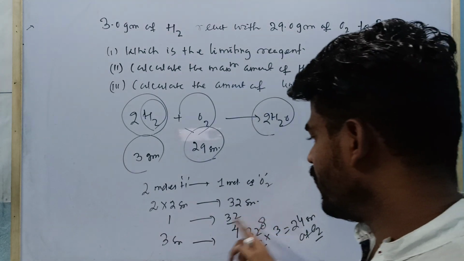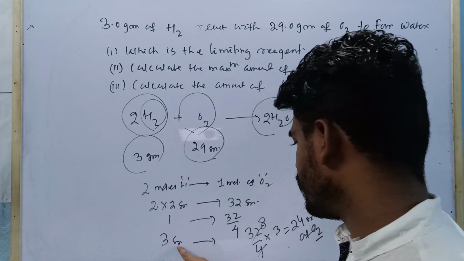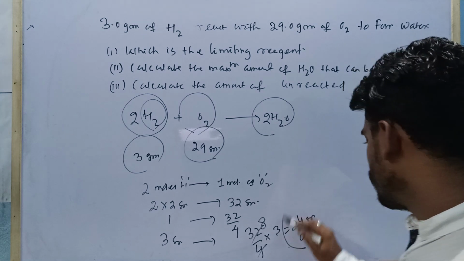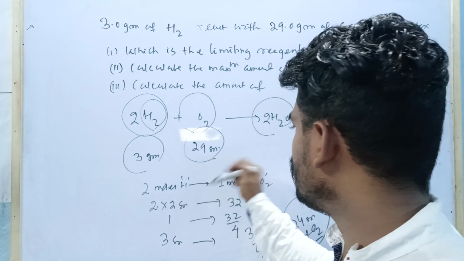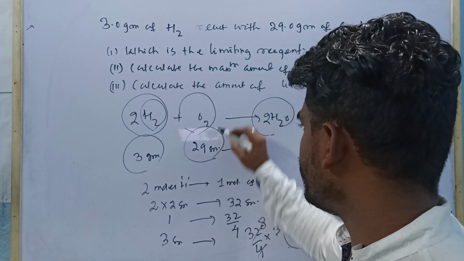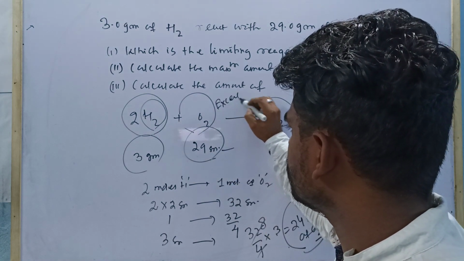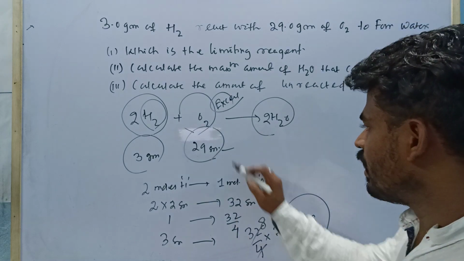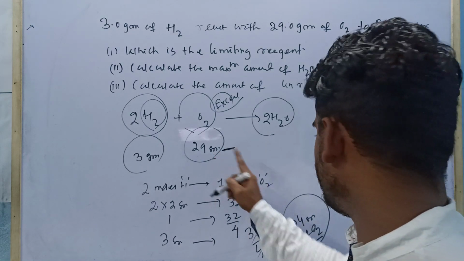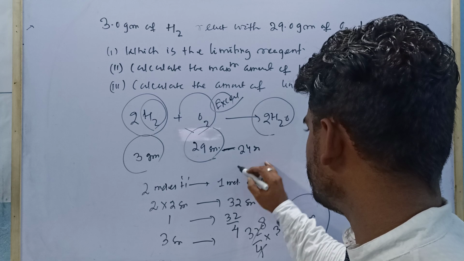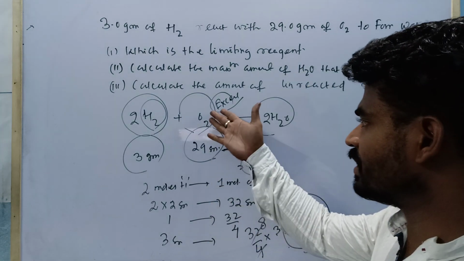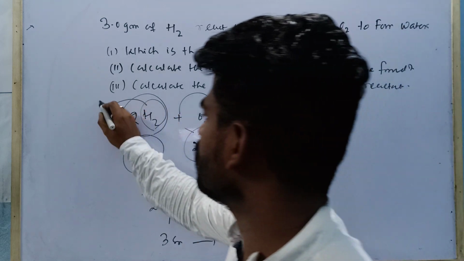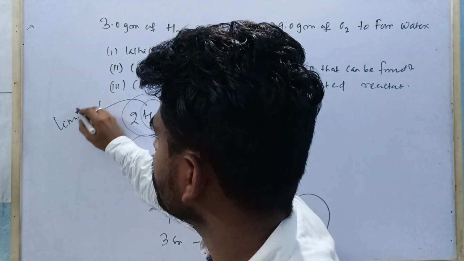So for 3 gram of hydrogen you need 24 gram of oxygen, but here 29 gram is given, so this oxygen will be in excess. And how much excess? 29 gram minus 24 gram, that is 5 gram excess of oxygen. Once you have concluded that this one is in excess, definitely hydrogen will be your limiting reactant.